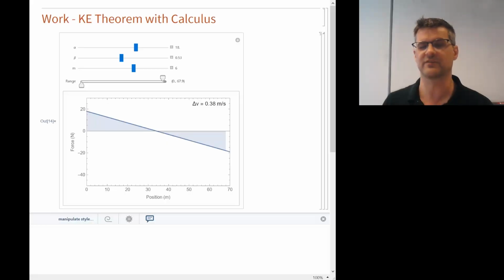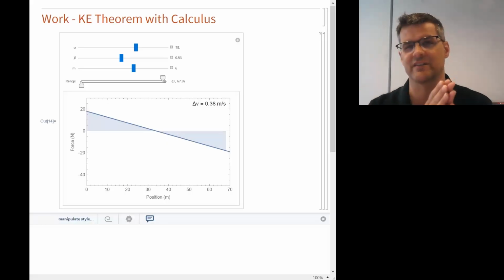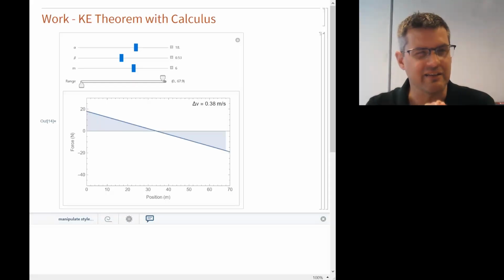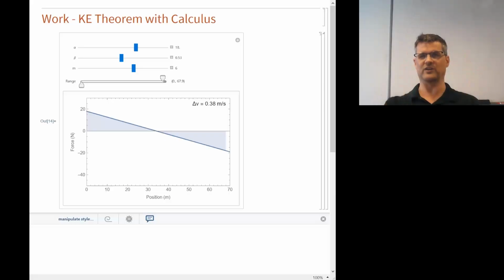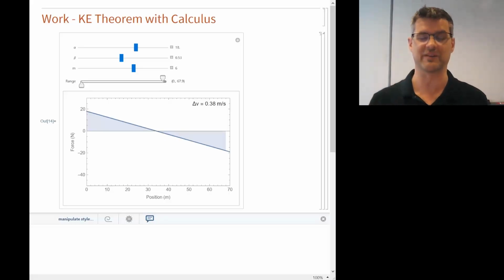So it's important to note that potential energy depends on some reference position. Potential energy by itself doesn't necessarily mean anything. What's important is changes in potential energy. So if I was in some scenario where I used work to put a bunch of energy into a problem, and some of that energy might have been kinetic, and some of that energy might have been potential.